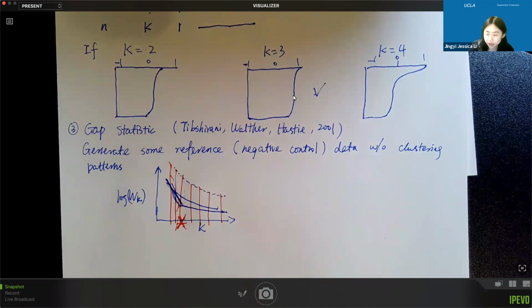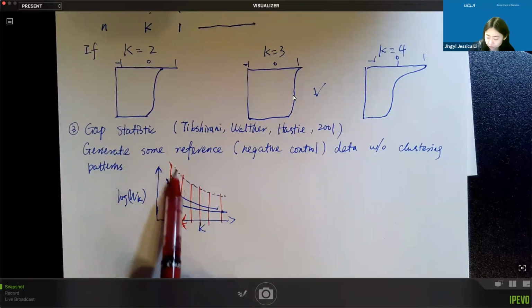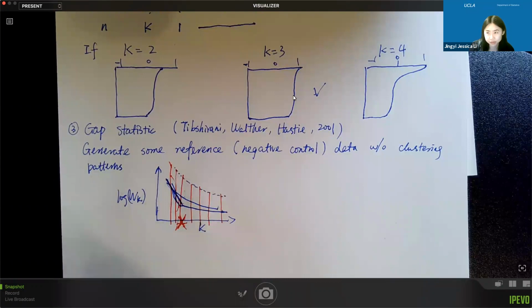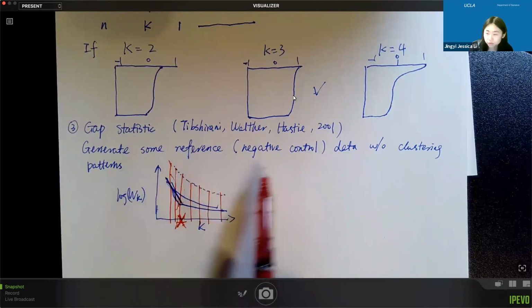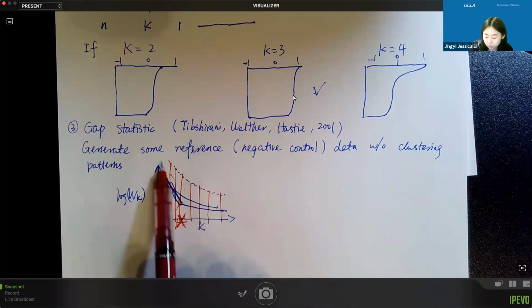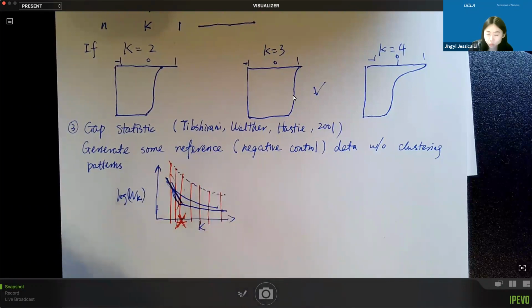So then the question becomes, how do we generate reference data? And of course, we don't want this curve to be based on just one reference data. Since we're going to generate reference data, we have the luxury to do repeated sampling to generate multiple sets of reference data. For each set, we can compute one curve, and we want to have the average performance.